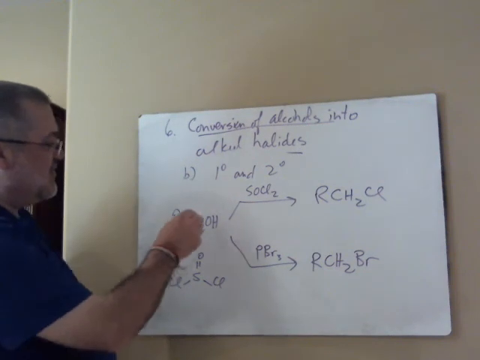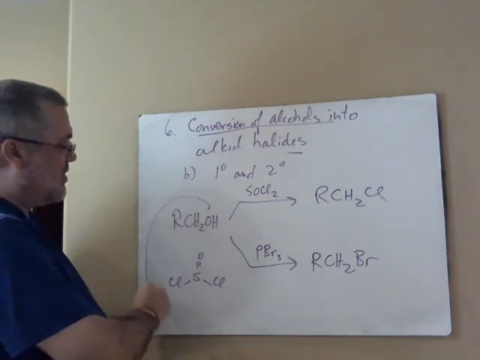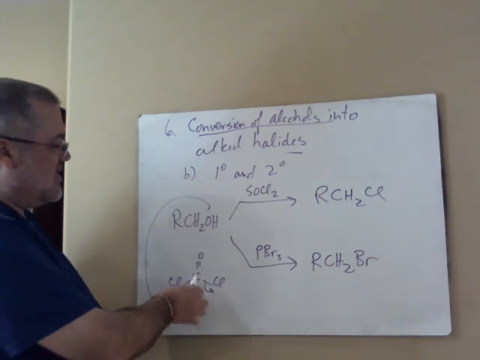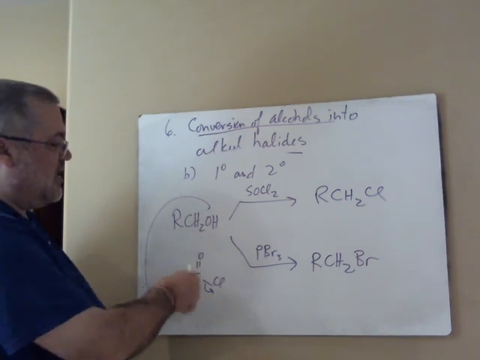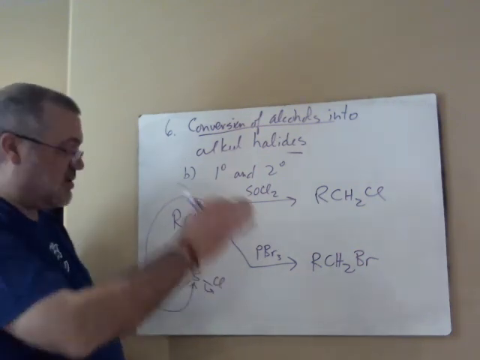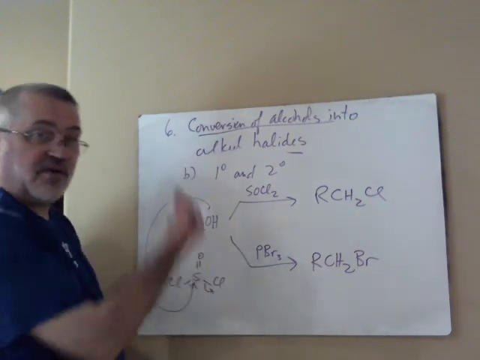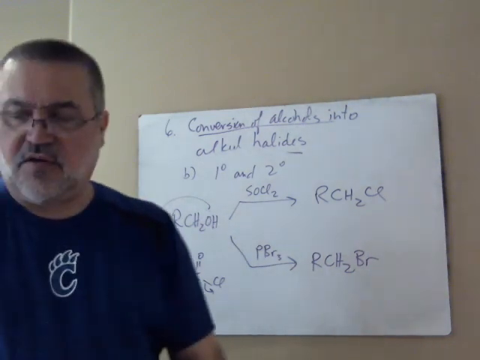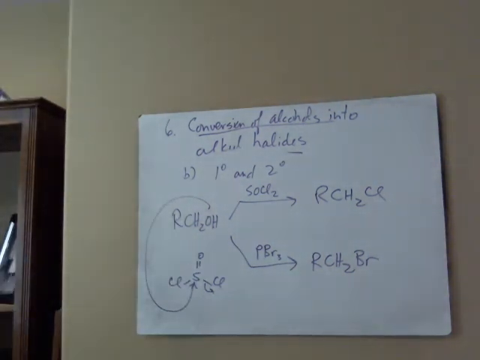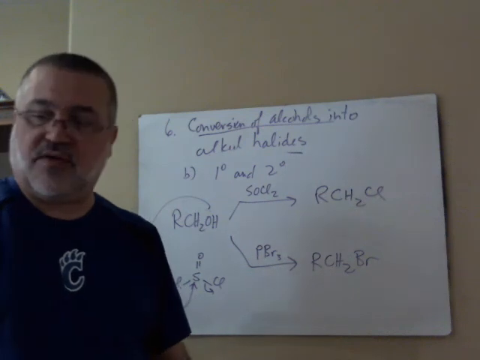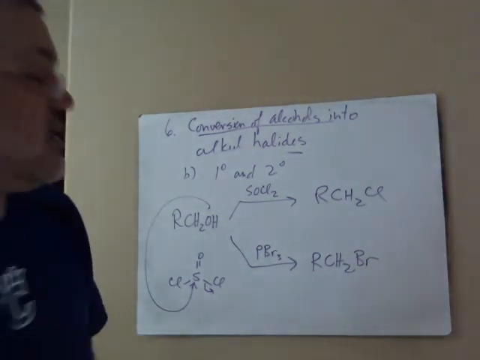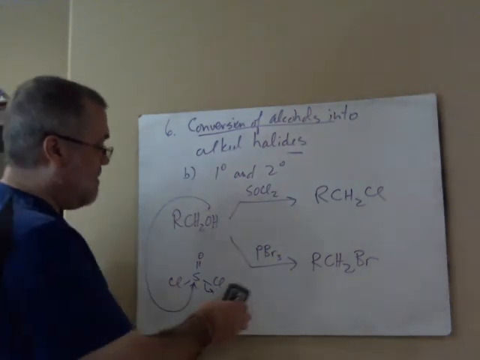And so mechanistically, remember, if you're making a better leaving group, all you're doing, in essence, is attaching the S double bond OCl to your O here, making it a better leaving group, and then the chlorine that comes off as the nucleophile comes in and reacts. Look at those mechanisms on your own, because I think you can figure it out, because it's just like POCl3, and that'll give you a chance to maybe have something to come with a question next time.